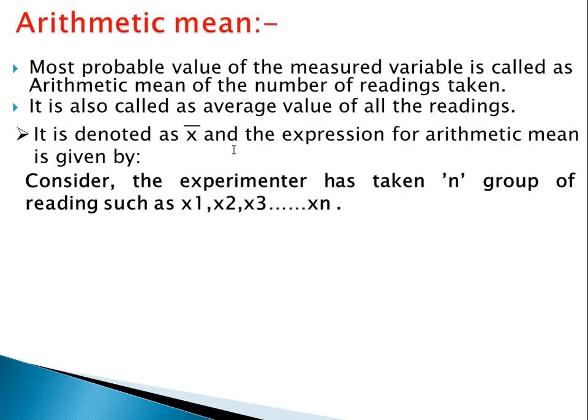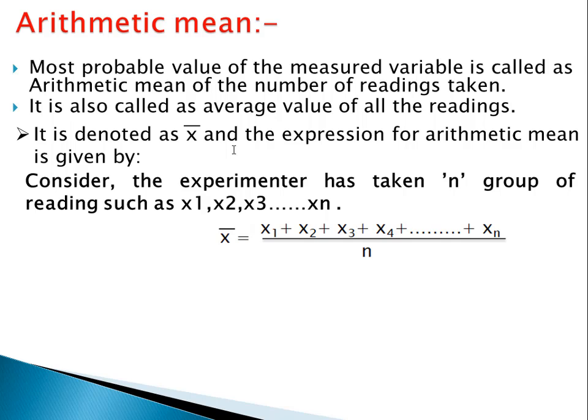Consider the experimenter has taken n group of readings, and each reading is represented as x1, x2, x3 up to xn. So here arithmetic mean can be calculated as the summation of all the set of readings taken, divided by the total number of readings.